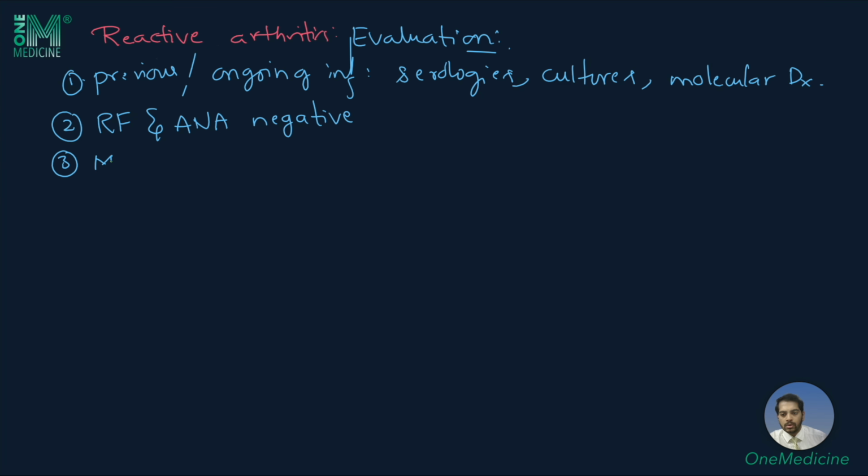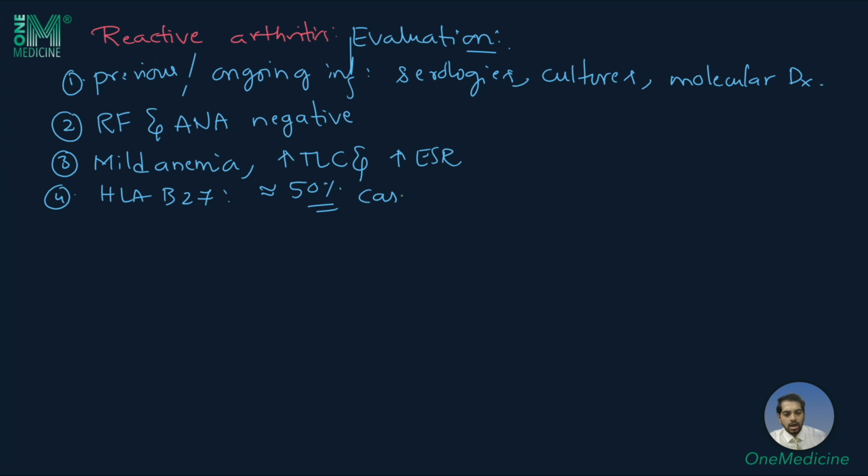Other features include mild anemia with a leukocytosis, and patients can have elevated erythrocyte sedimentation rate. HLA-B27 is positive in approximately 50% of the cases, and it may be useful in diagnosing patients with atypical presentations.